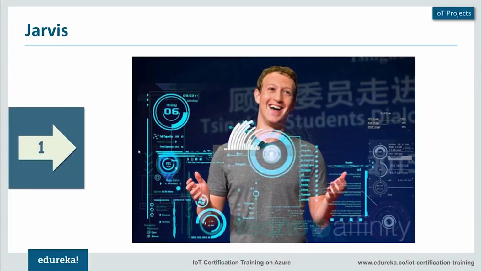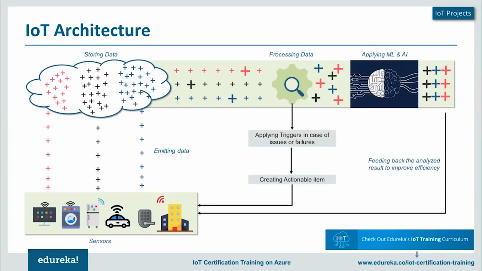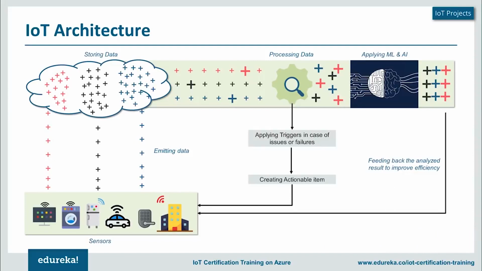Now, what you need to understand here is that Internet of Things is not something that's just dependent on a sensor or a few sensors connected to a Raspberry Pi or Arduino board. When I look at the entire architecture of IoT, this is a complete ecosystem wherein my sensors gather information which is stored on a platform and then processed. Now, if there have been any issues or failures reported by these sensors, then I need to create actionable items to ensure that this is never repeated again.